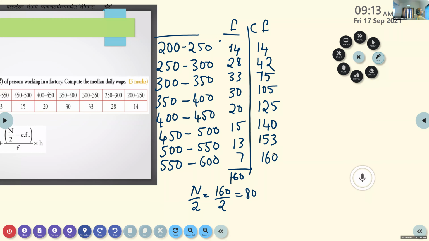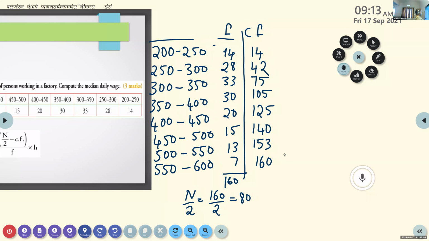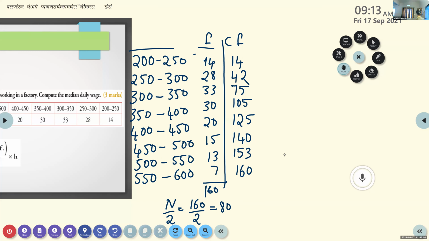Now we have to apply this in the formula. 80 comes in which cumulative frequency, Anish? 105. Okay, so 105.